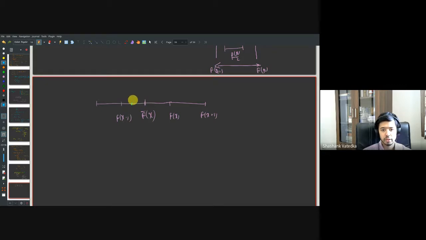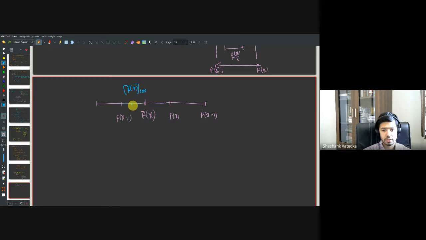So the blue point, which is the true code word, f bar of x truncated to L of x bits, is going to lie within this interval. It's going to lie to the left of f bar of x, but strictly between f of x minus 1 and f bar of x. Now, what about all the sequences for which the code word is a prefix?